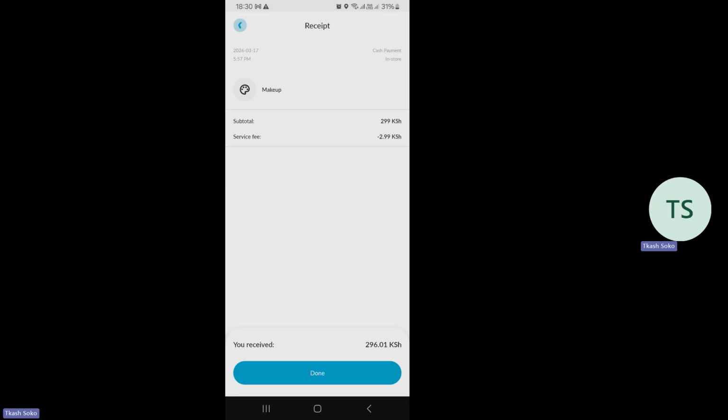And that is why you can see that the app is doing the calculation for me and telling me that despite making this sale and paying this fee, the amount I'm supposed to receive as a business person is 296.01. Of course, the buyer will have given me the whole 299 in cash, so it is up to me to pay the 2.99 back to the app. And remember, we are going to see how that can be done.